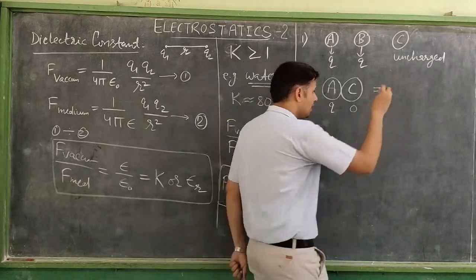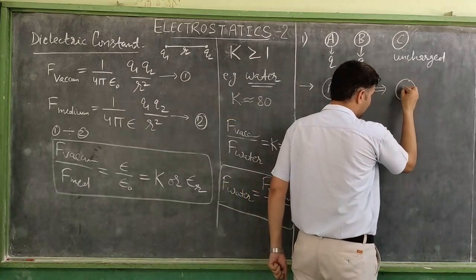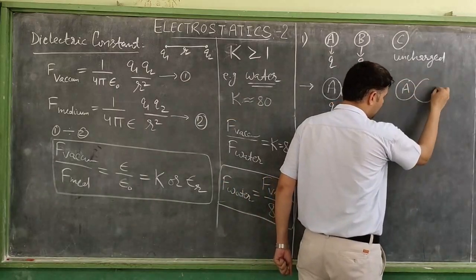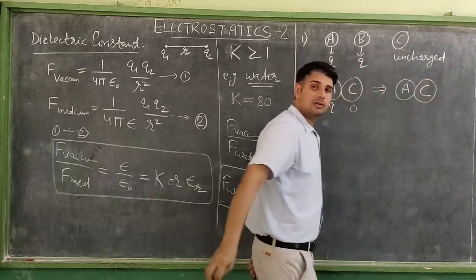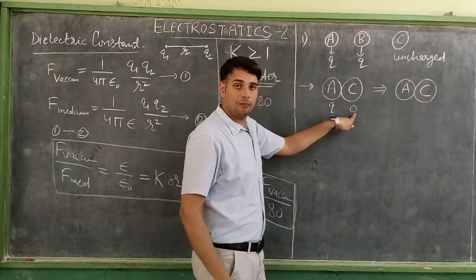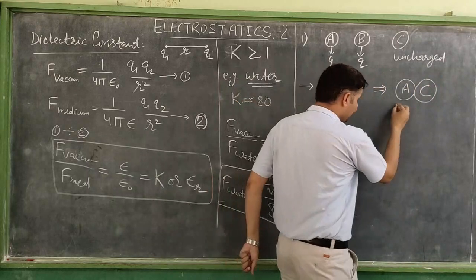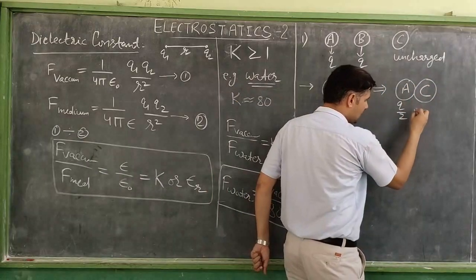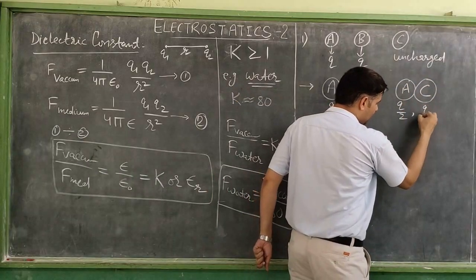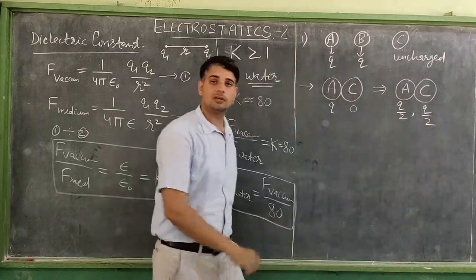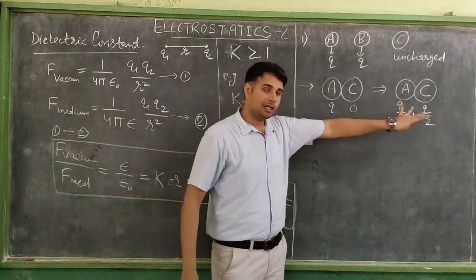So after this, for metal sphere A and metal sphere C, since Q plus 0 is divided by 2, A takes charge Q by 2. Similarly, C also takes the charge Q by 2. They are equally charged.